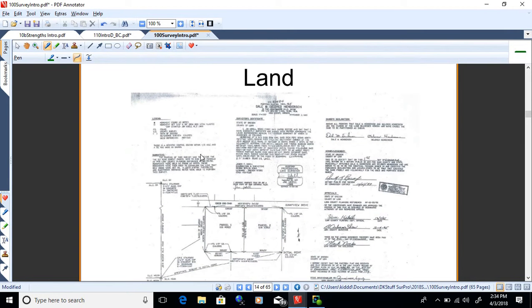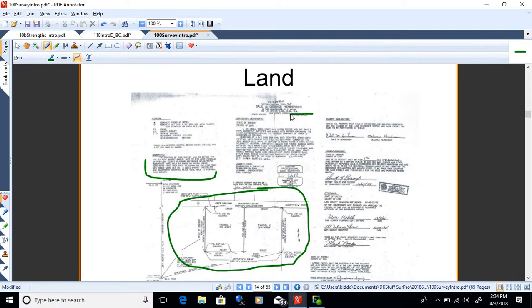All right, so a land surveyor would create a map looks like that. So what they've got there is the lot that they surveyed, and they've got a whole lot of legal text on this thing. This would be a map that's turned into the county surveyor to record the survey that surveyed out this lot down here. So they got a legend, and they've got a narrative which says what they were doing out there.